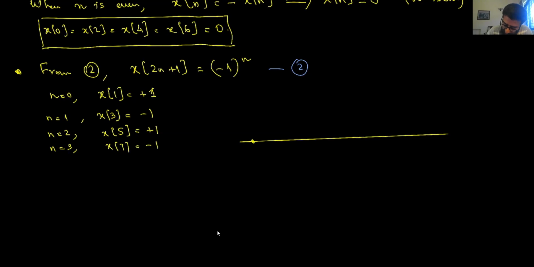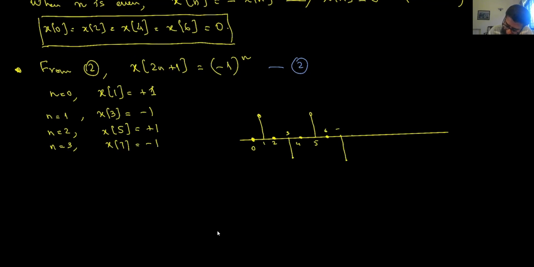So ये 0 पे 0 है, 1 पे plus 1 है, फिर 2 पे 0 है, फिर 3 पे minus 1 है, फिर ये है, फिर ये है. So this is here 1, 2, 3, 4, 5, 6, 7. So this is plus 1, minus 1. So this is x of n for one period. And of course, it repeats itself periodically. ठीक है?